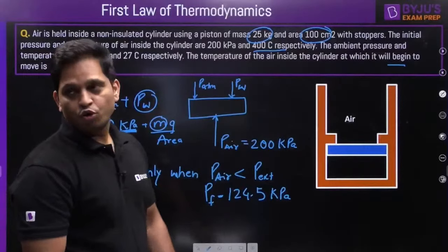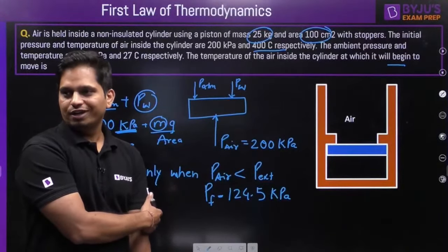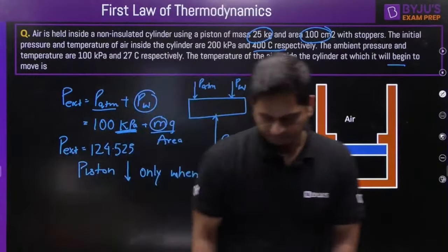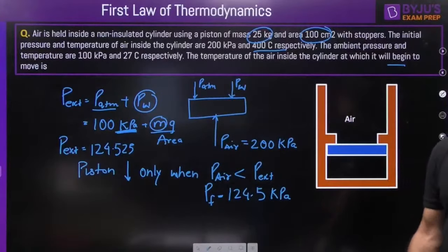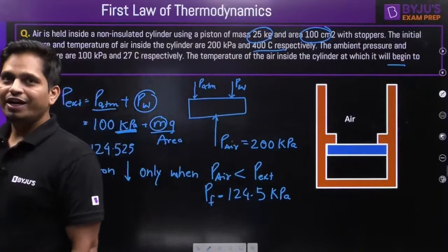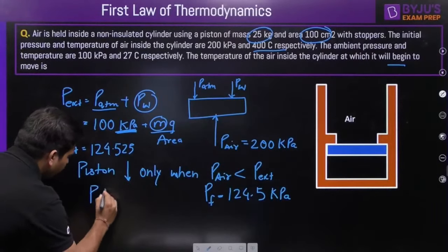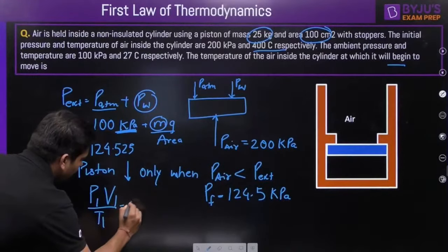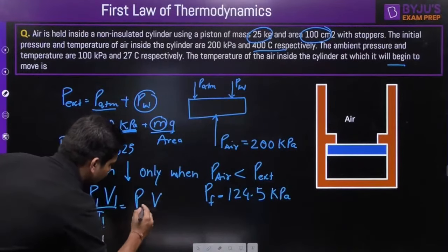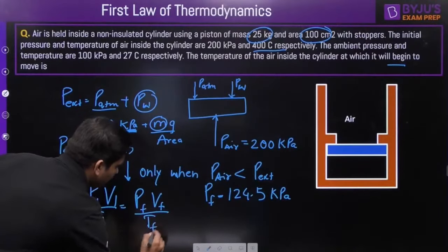Okay. So now you can apply the ideal gas equation here to find out what is the temperature. Try that. P final I have gotten, P initial I had already. P1 V1 by T1 is equal to P2 V2, or P final I can say, by T final.